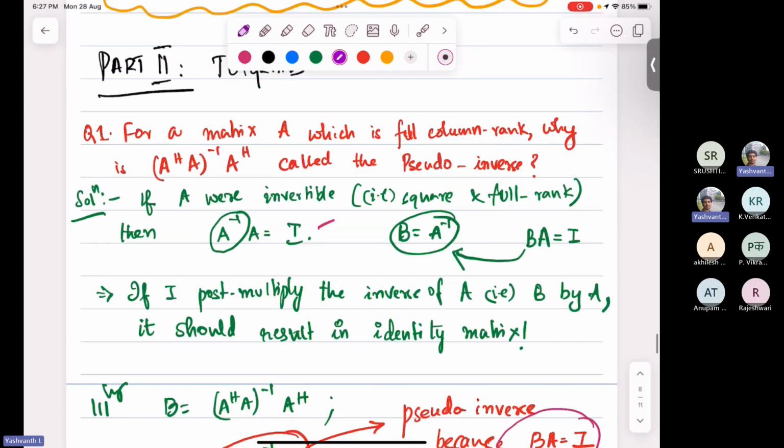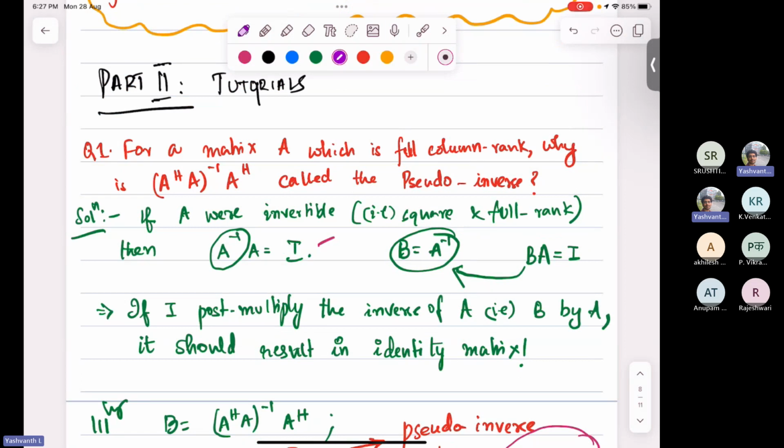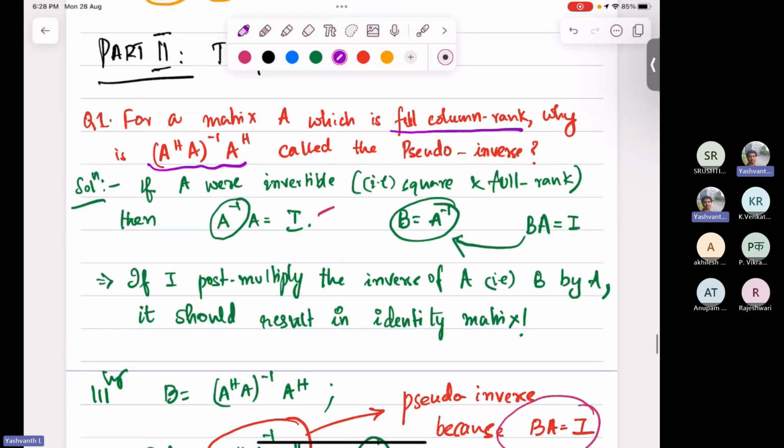Correct. That's why, if you see my question, I carefully mentioned full column rank. If it were not full column rank, first of all, I cannot even compute this matrix. What is full column rank? It means all the columns should be linearly independent. We know that for any matrix, row rank equals column rank.